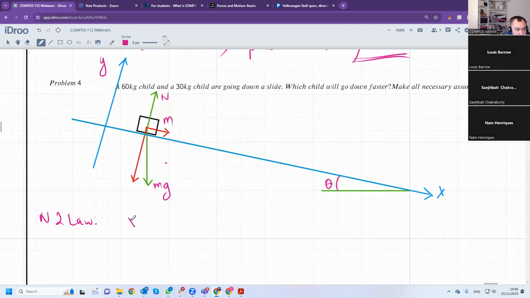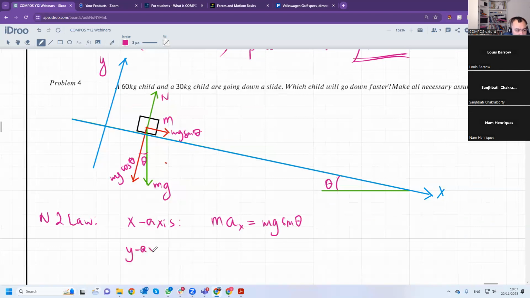Along the x-axis, I have mg cos theta, because this angle is theta, and this is mg sine theta. So along the x-axis, mass times acceleration in the x direction is equal to mg sine theta.